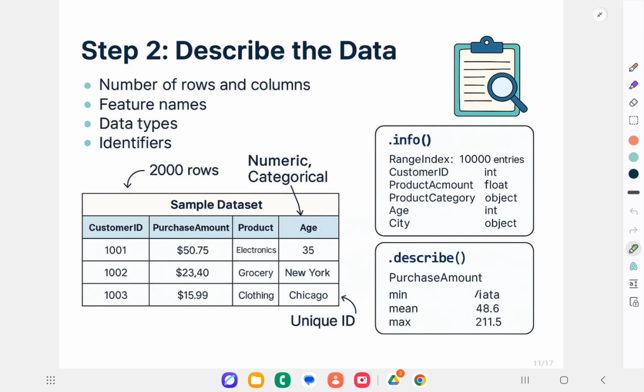So it's about profiling the data and getting like a structural overview before diving into deep patterns in your data. So think of it as like reading the table of content of a book before reading the book itself, right? So you're not yet into the analysis, you're just still making the ground towards it.